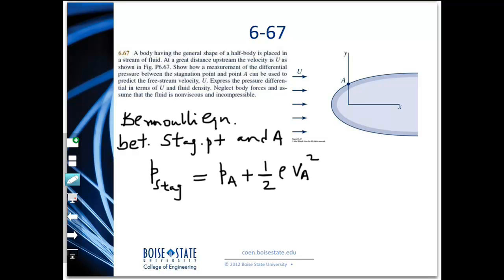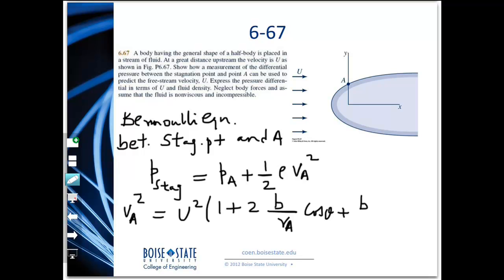And now this VA term, if you look up your pages 308, 309 and 310, you can write VA square in terms of the U square. So let me write that. VA square is U square times 1 plus 2 B over RA cos theta plus B square over RA square.